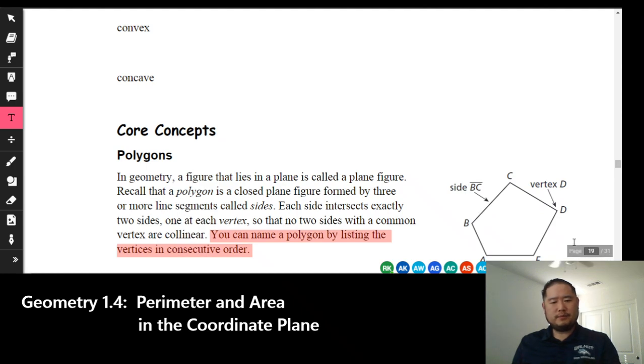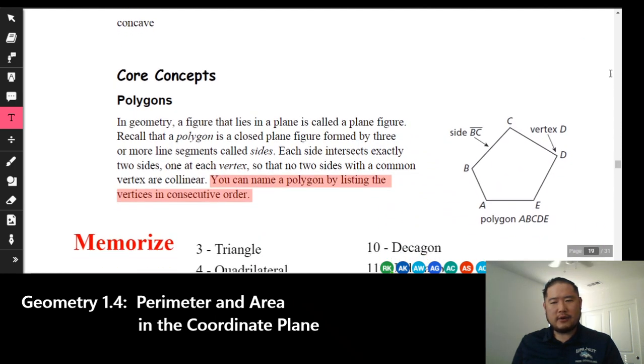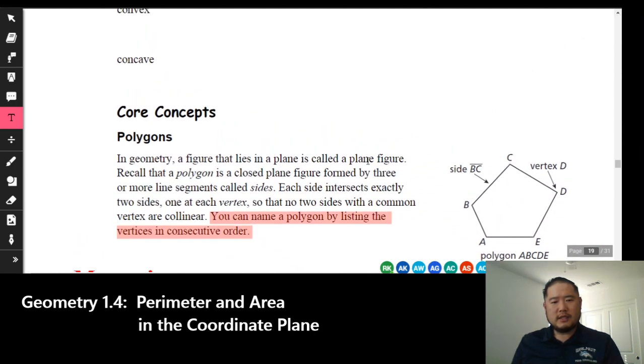So once again, if I take a look at this diagram, it says in geometry, a figure that lies in a plane is called a plane figure. Now, right here, if I take a look at this, we have 1, 2, 3, 4, we have 5 sides.